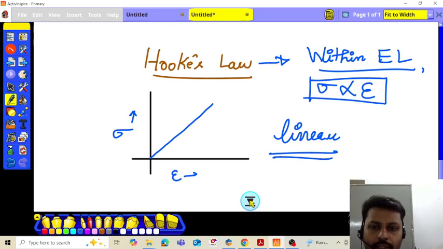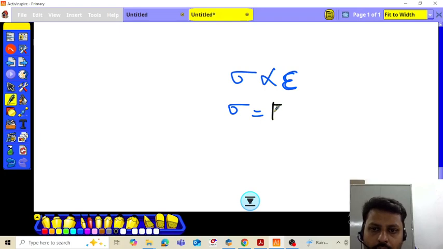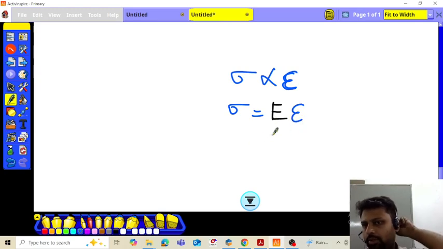So if I take this, sigma is proportional to strain. If I want to remove this proportionality constant, I'll use E times strain.